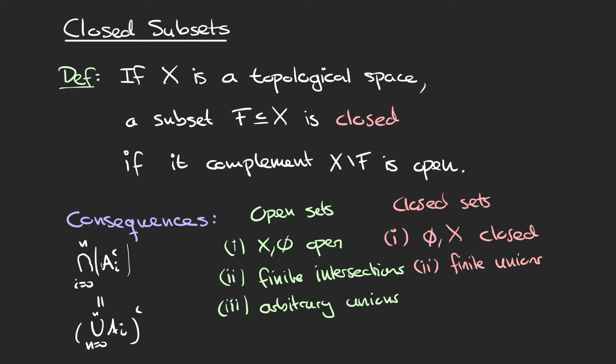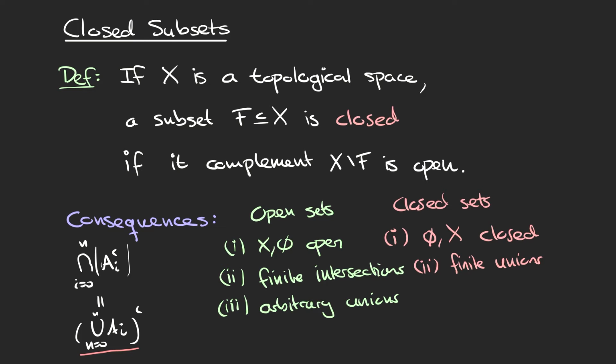Now suppose we have some finite collection of sets A_i which we know to be closed, and we want to determine if their union is also closed. Now, by definition, we need to see if the complement of this union is open. That would tell us that the union is closed. So we're looking for the complement of the union of these A_i's, which is exactly the expression in the bottom part of this De Morgan formula.